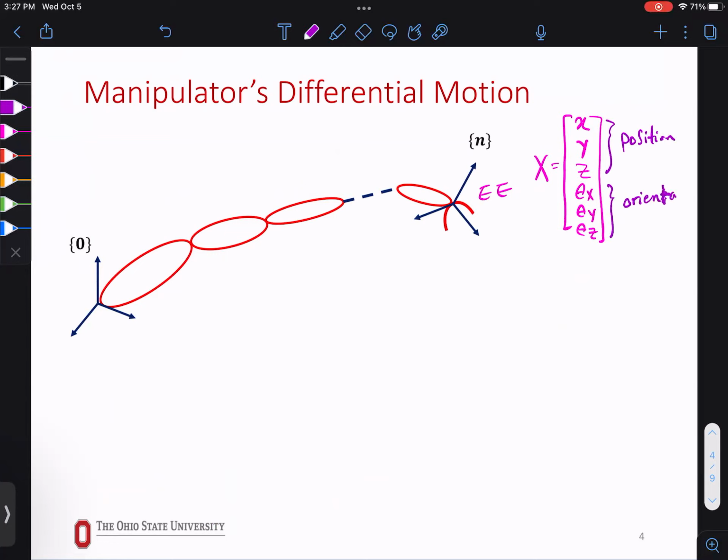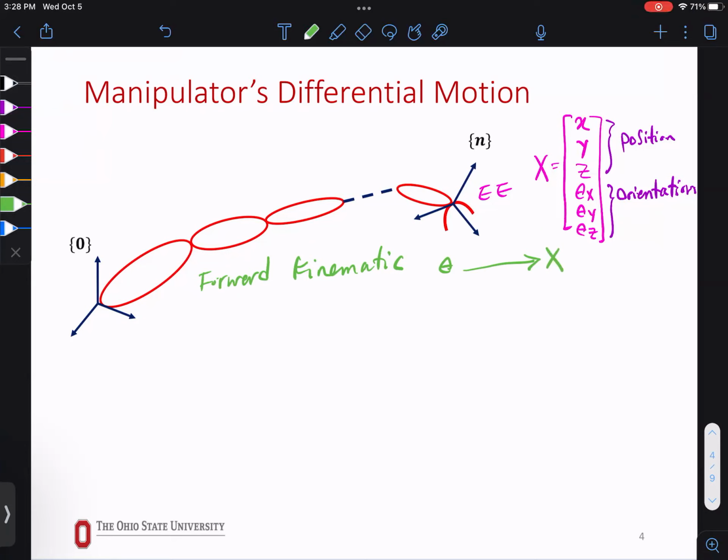This was your exam question again. Now, in forward kinematics, we said if we know where the thetas are, we can derive an expression that will give us this X vector, right? We know the position and orientation of the end effector.